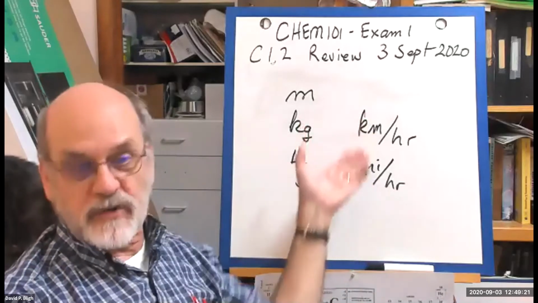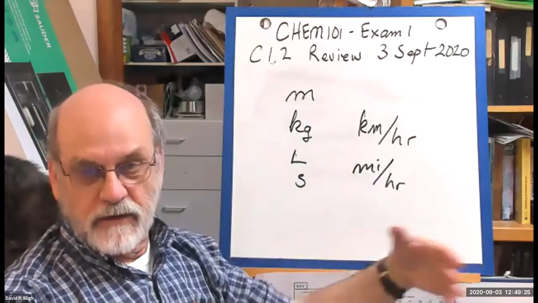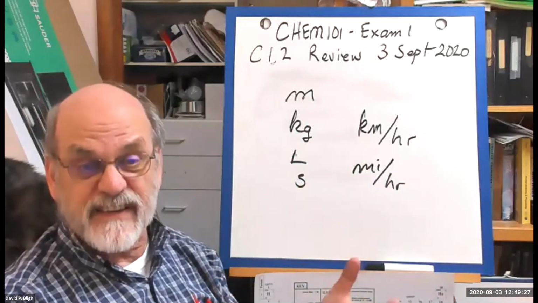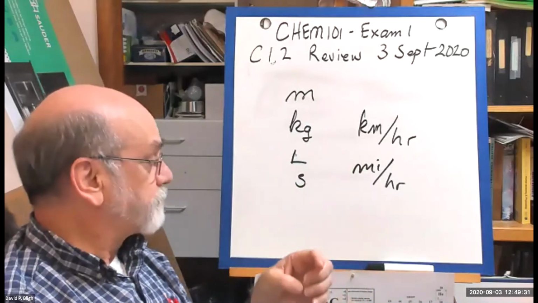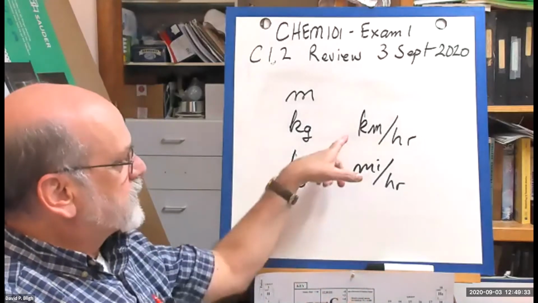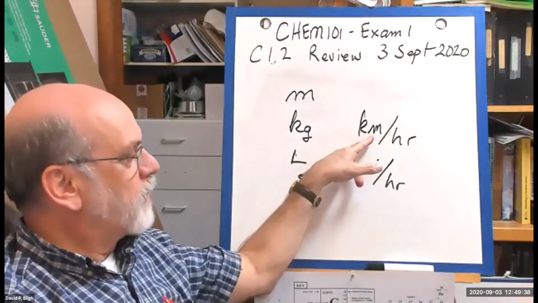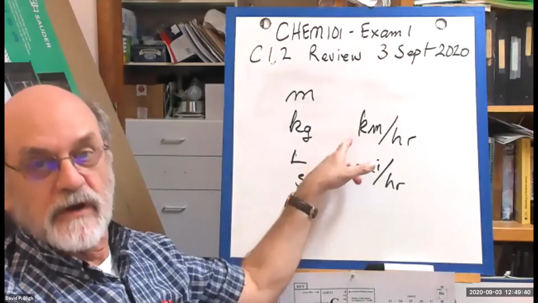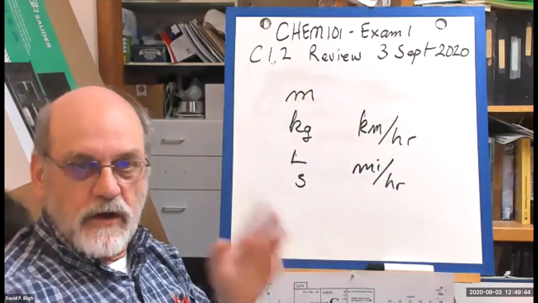It's just the measurement that is different. That's why you can convert from one to the other, because you're not changing the physics or the chemistry of the process. But this prefix, kilo, means 1,000. So instead of 1 meter, there are 1,000 meters per hour in this measurement. So you need to know those prefixes.